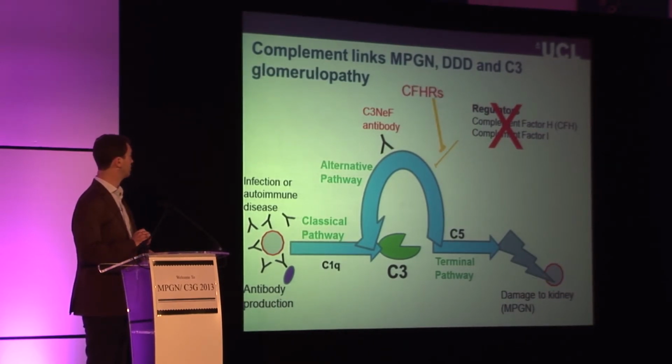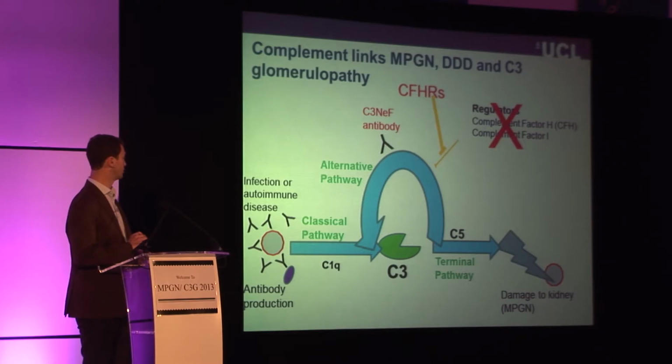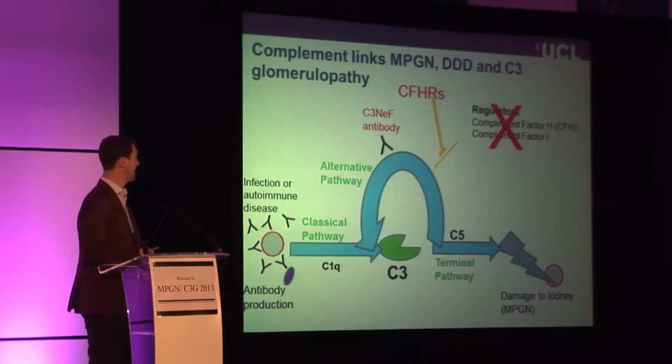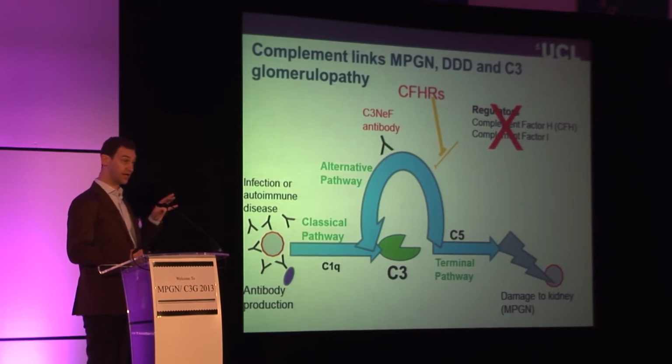And then we've also identified changes in other genes that regulate the regulators that also cause disease. So when a kidney biopsy is done, the diagnosis of MPGN can be made. We can also look at the kidney biopsy and make a diagnosis of C3 glomerulopathy, if there are no antibodies there, but there is complement there. Depending on the electron microscopy, we can then divide that into dense deposit disease or C3 glomerulonephritis.